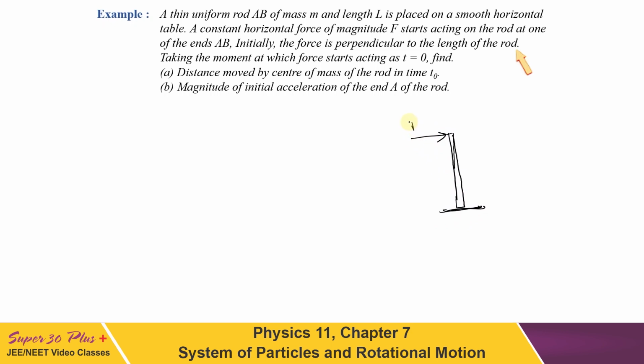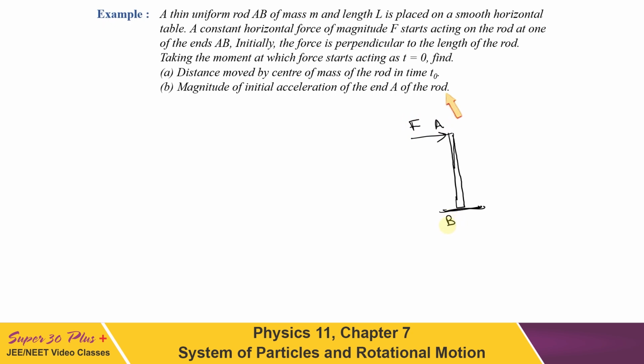Now, if F is applied here, perpendicular to the length of the rod, then we have to find the distance moved by the center of mass of the rod in time t0 and the magnitude of initial acceleration of end A of the rod. A is this point, so B has to be this.